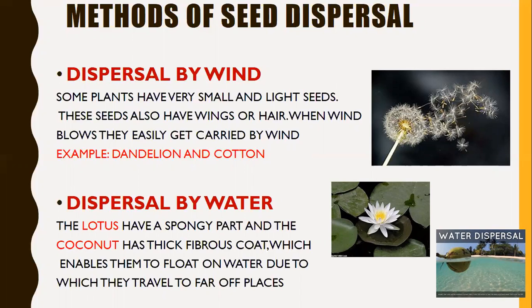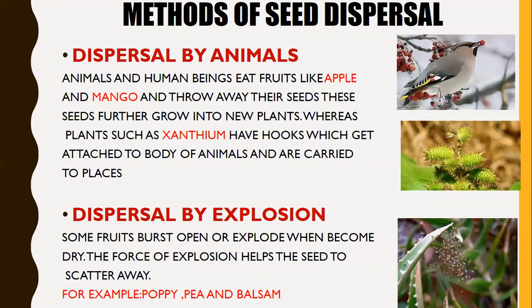You know, coconut can travel for thousands of kilometers with water and germinate on reaching the shore if it gets the favorable conditions. Now, next is dispersal by animals.